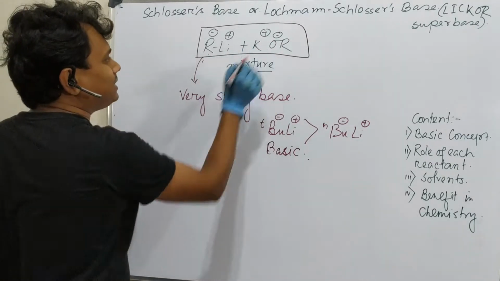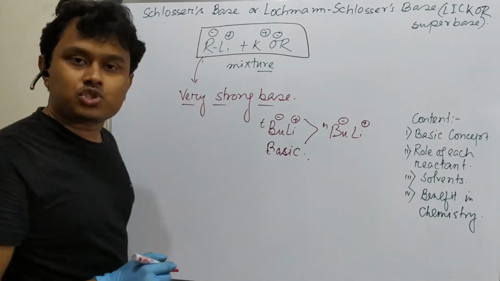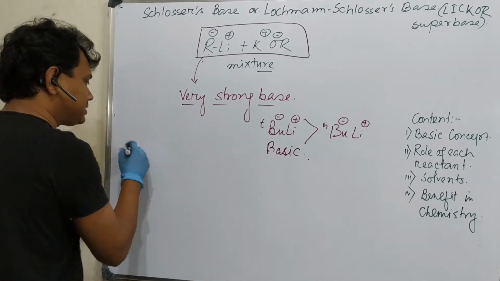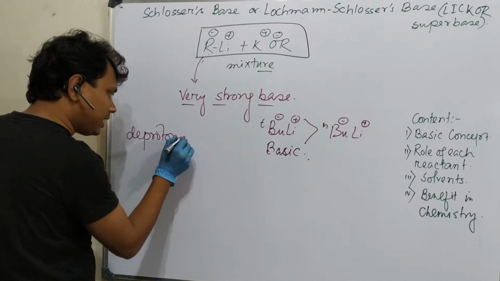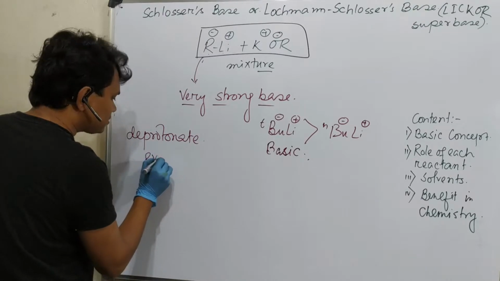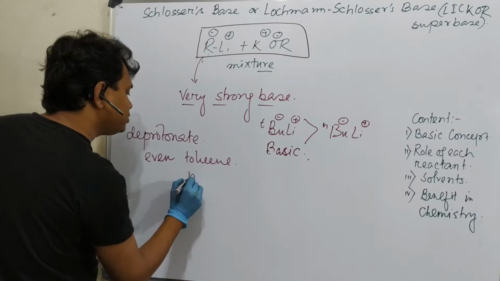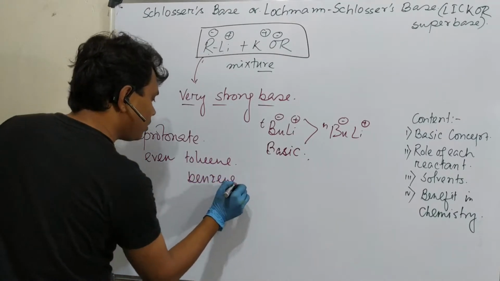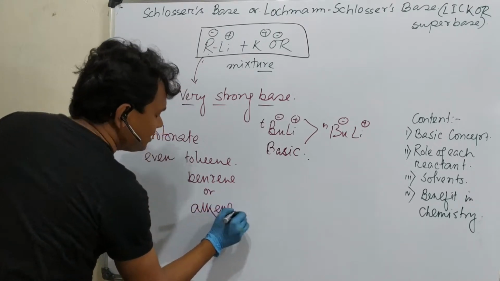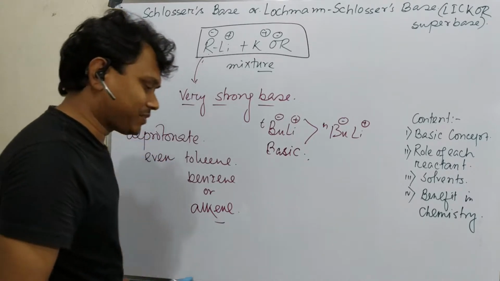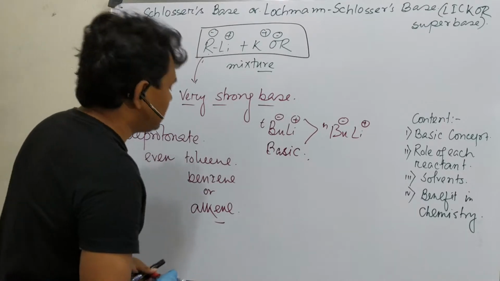If you mix RLi and KOR, it produces a very strong base, strong enough to deprotonate even toluene, benzene, or alkene. In this context, never say alkyne or specifically terminal alkyne, because terminal alkyne protons are sufficiently acidic.